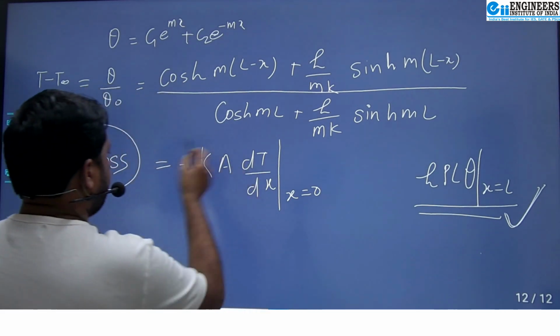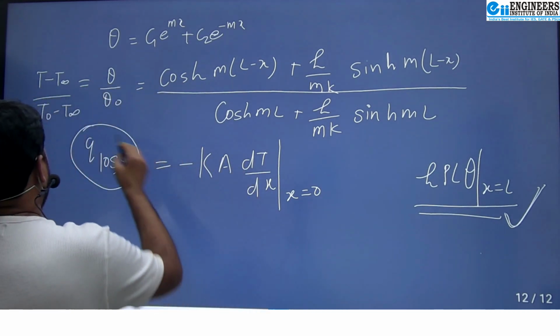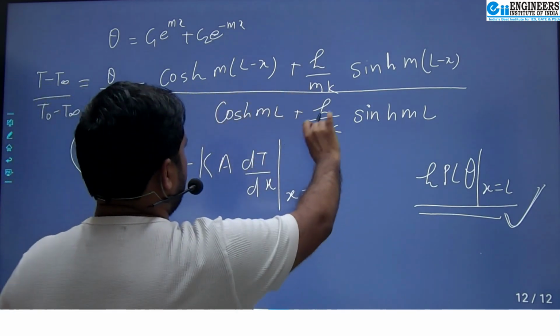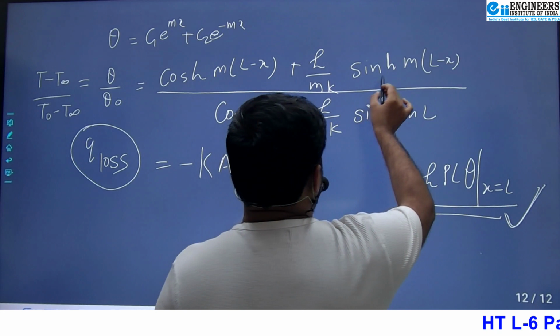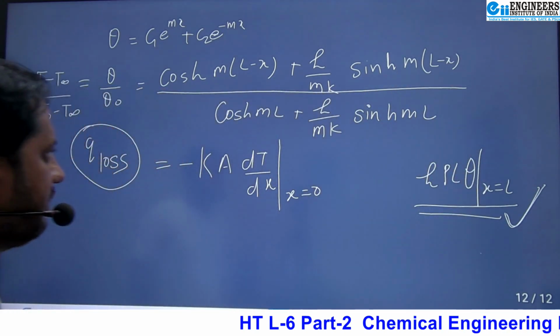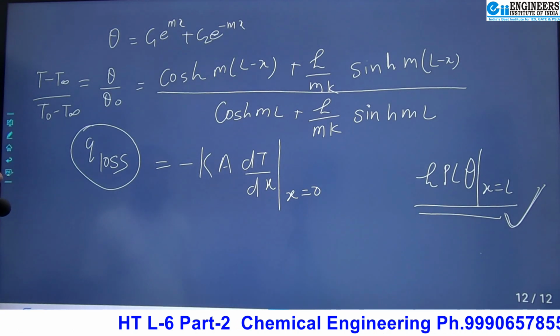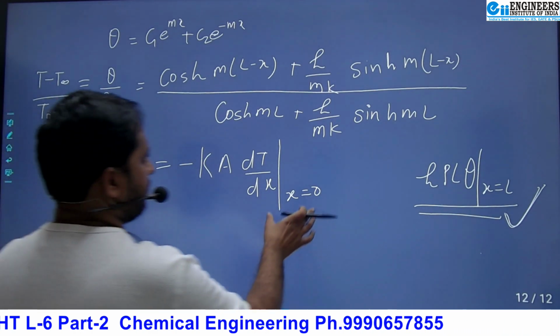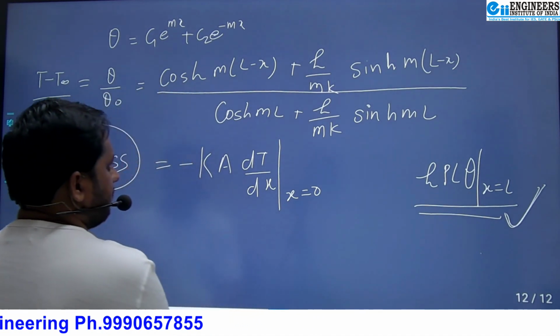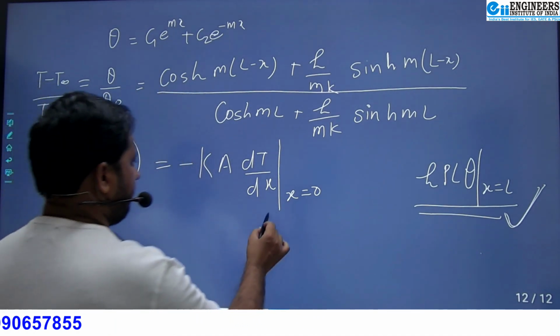Or if you find this Q loss by this formula, if we differentiate it, this becomes sinh m(L minus x) plus hm upon k cosh m(L minus x), and in that particular case when you put x equal to 0, the same expression will be obtained, this and this.